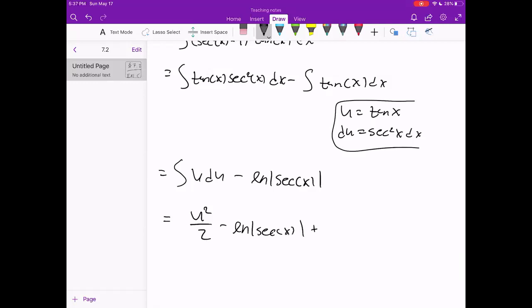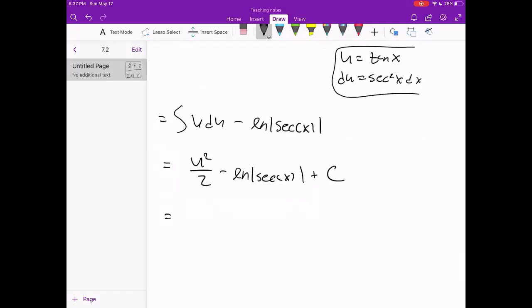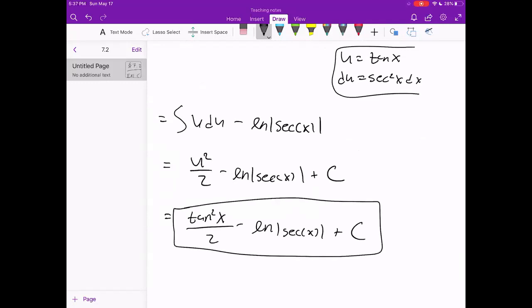Because I've done all my integrations, I get an integration constant. And I don't want this in terms of u, I want it in terms of x. So this is tan squared x over 2 minus ln of the absolute value of the secant of x plus my arbitrary integration constant.